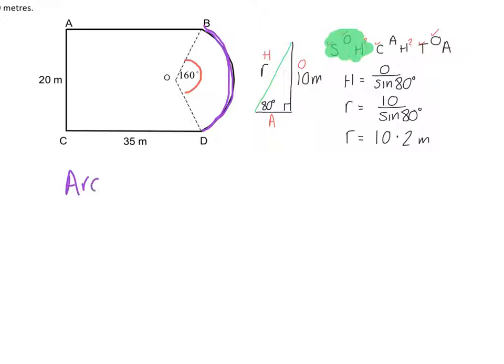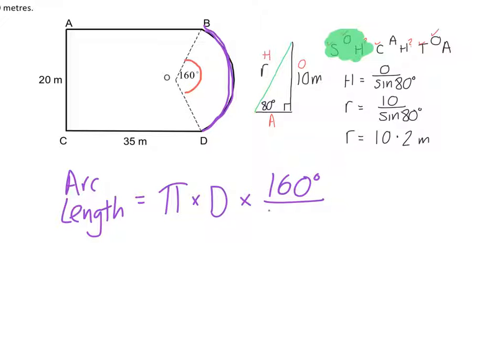Arc length is equal to, and we know it's part of the circumference of the circle, so it's pi multiplied by the diameter multiplied by the angle at the centre, 160 degrees, divided by a full circle, which is 360 degrees.